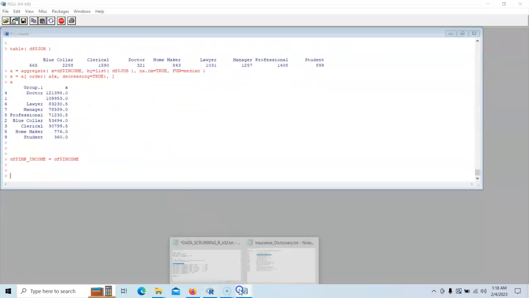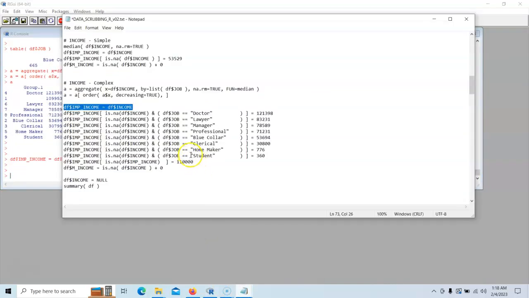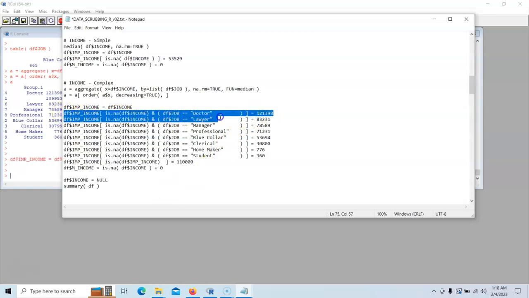Okay. Now we could say if your income is missing and you are a doctor, then what we could say is you make $121,000 a year, because doctors tend to make more money than most people.